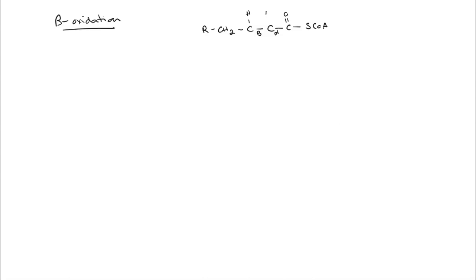So let's go ahead and illustrate beta oxidation, which I think will give everyone the best picture of what's going on. So let's start with some generic fatty acyl-CoA, where we have some fatty acid chain R. We have our beta carbon, our alpha carbon, our carbonyl carbon, and our coenzyme A. And we should probably put our hydrogens in on here because it's going to matter in a second.